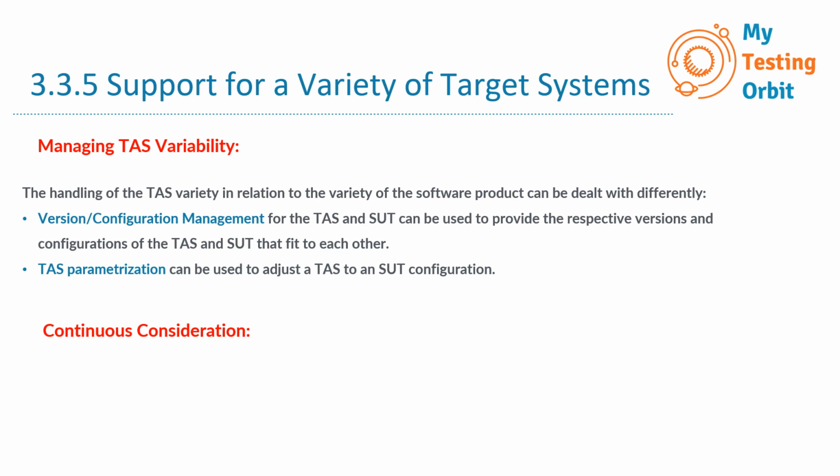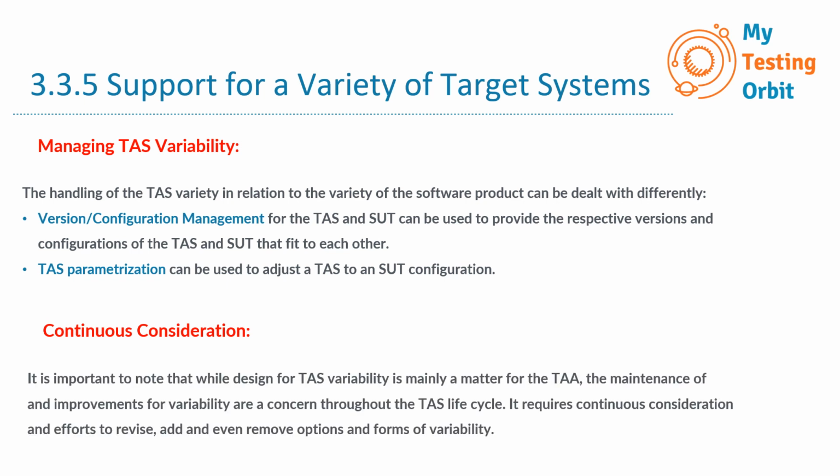And the last section is continuous consideration. It says that it is important to note that while design for TAS variability is mainly a matter for the TAA, the maintenance of and improvements for variability are a concern throughout the TAS lifecycle.